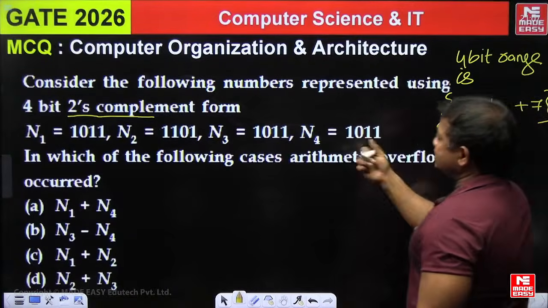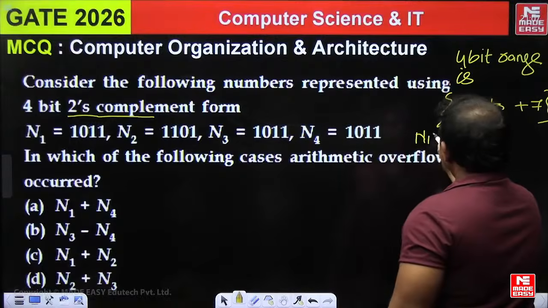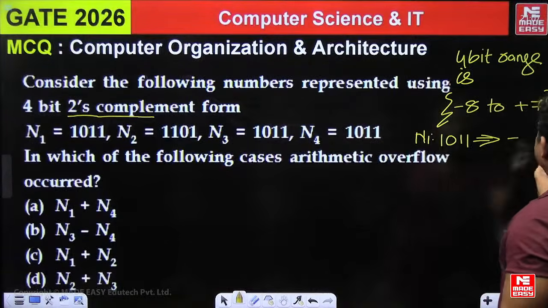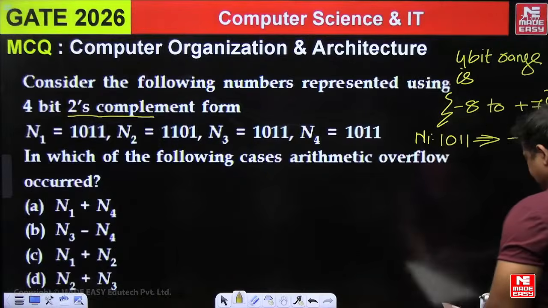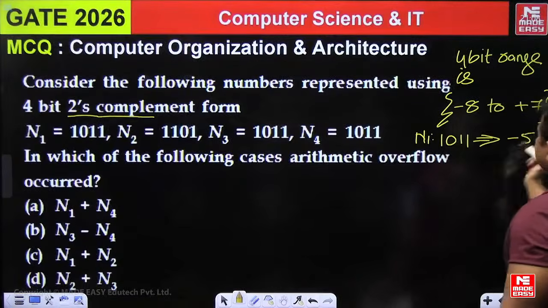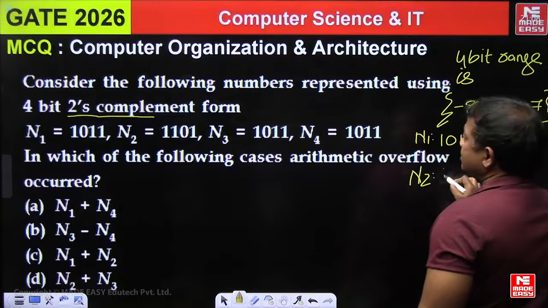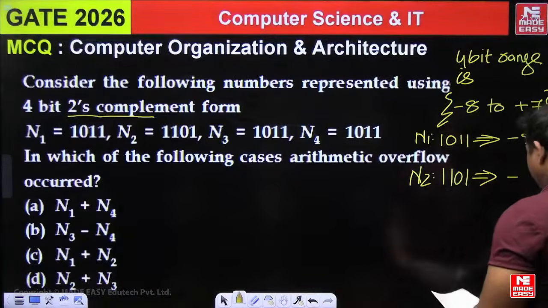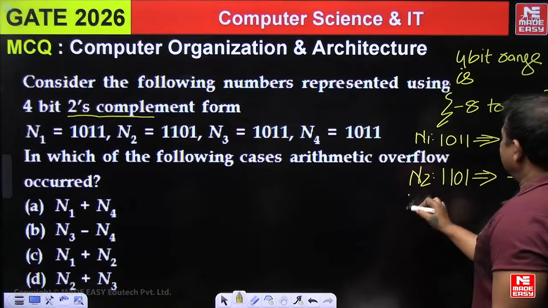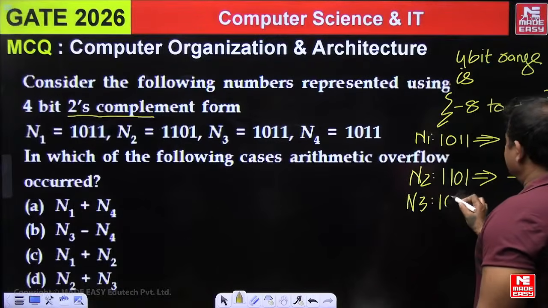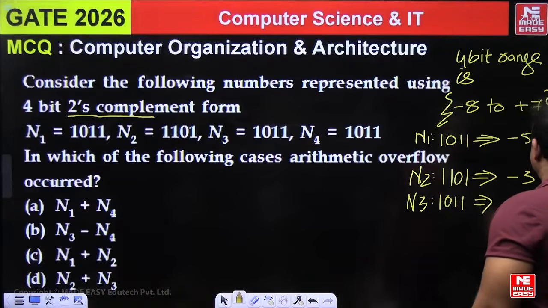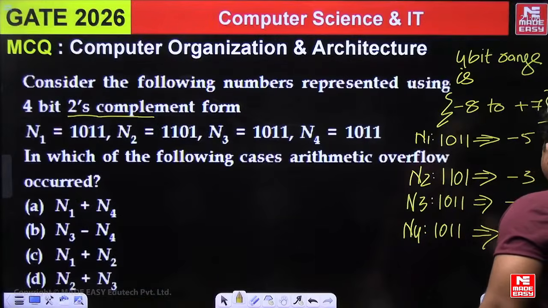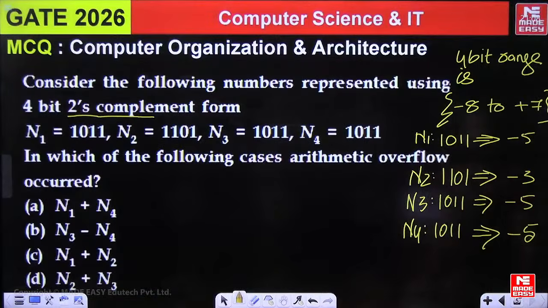So given numbers: n1 is 1011, its equivalent decimal value is -5. Then n2 is 1101, this is the 2's complement value -3. Then n3 is 1011, again this is -5. n4 is 1011, its equivalent decimal is -5.